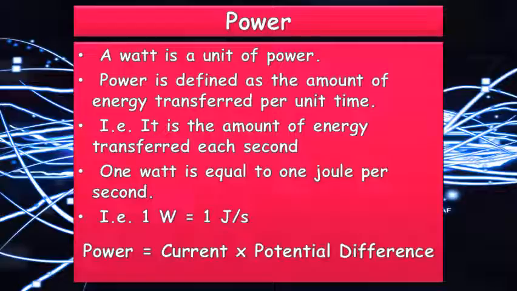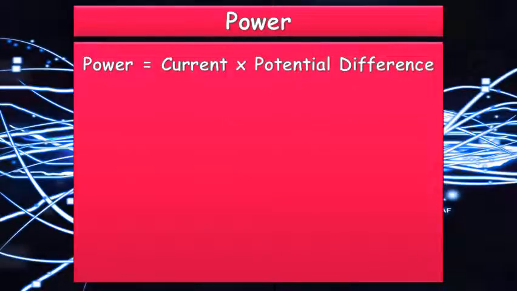And power is the current times the potential difference, or I times V. So power is current times potential difference, or voltage.